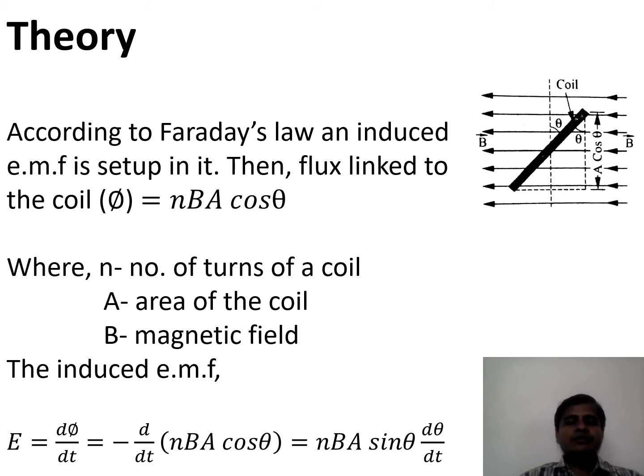Then the induced EMF is given by capital E is equal to minus d psi upon dt. If you substitute the value of psi in this expression, it becomes minus d upon dt into bracket N into B into A cos theta. After differentiation, we get the final expression for the induced EMF is equal to N into B into A sin theta into d theta upon dt.